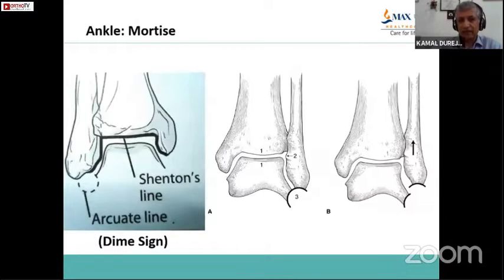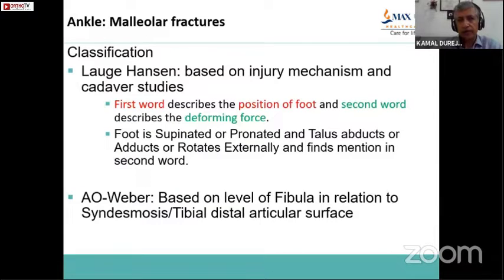We are looking at Shenton's line, and we are looking at the arcuate line. A break in Shenton's line will suggest a syndesmosis disruption. A break in the arcuate line will suggest fibular shortening. So that's how these special X-rays and assessments give you an indication of what you are handling, and then you plan your treatment accordingly.